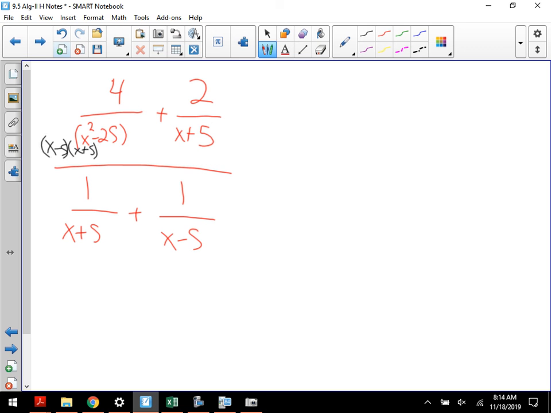So in that top portion, what do they have in common for denominator? They have x plus 5s in common. So this will equal, well, we have x plus 5, and what's left? And x minus 5, good. So the fraction on the left has them both, so it doesn't need to be multiplied by anything.